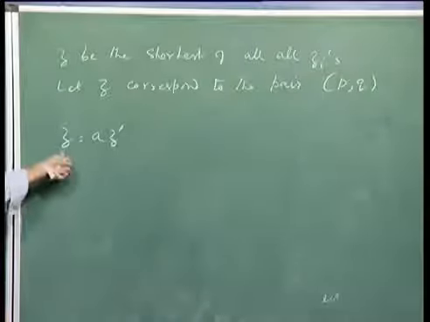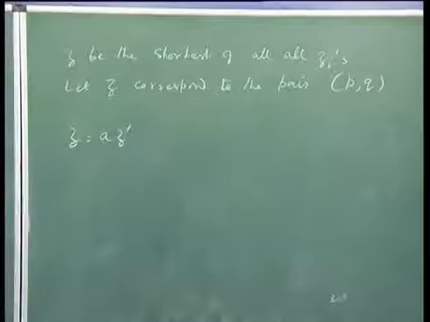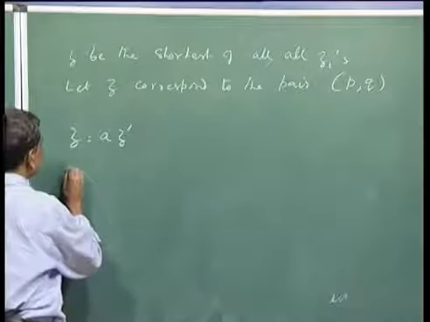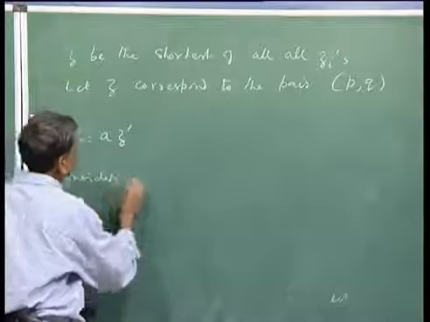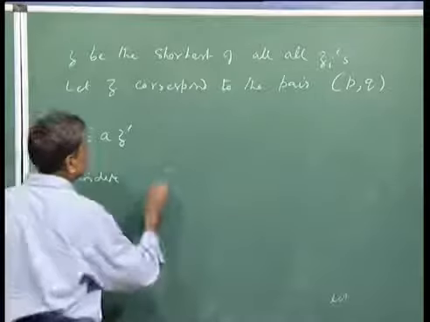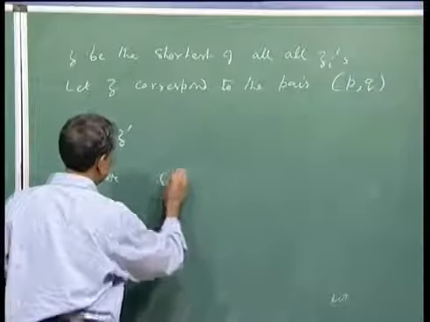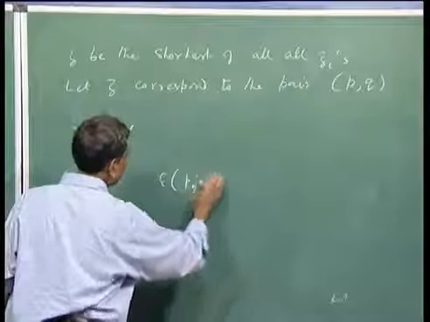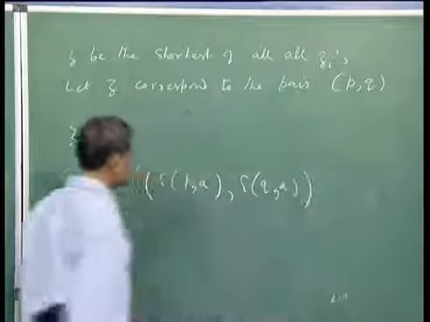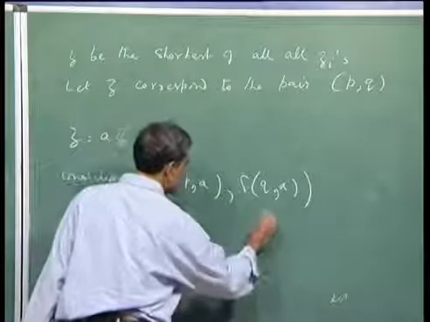That is, the string Z begins with the symbol A. Now consider this pair of states, delta P A and delta Q A. Let this be the state R1 and let this be the state R2.